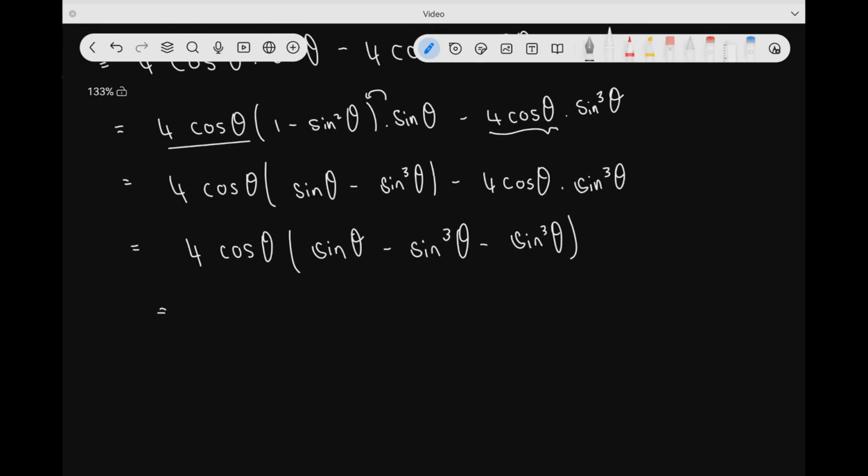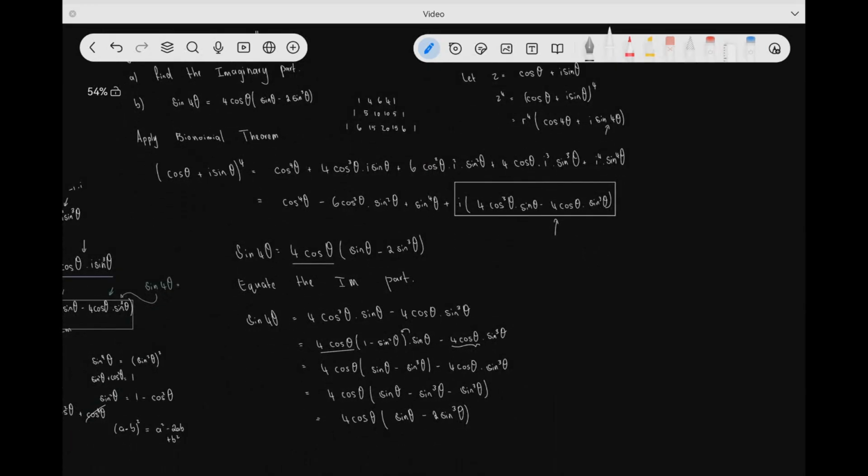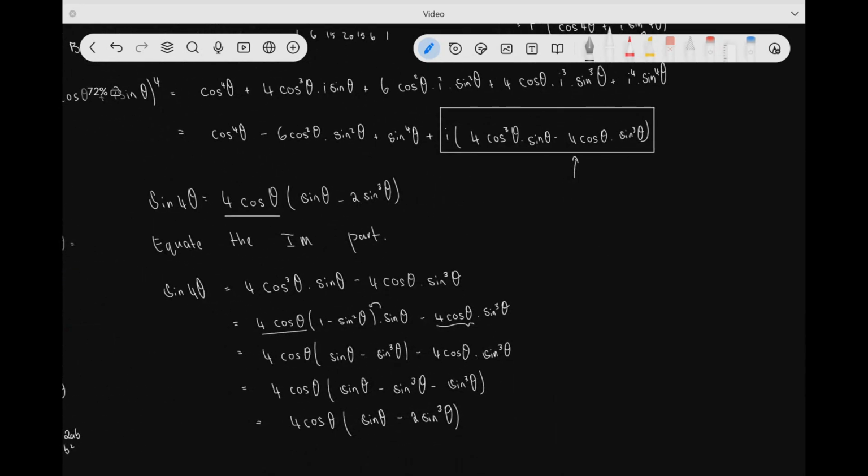So now I can add the like terms. Cosine theta times sine theta minus 2 sine cube theta. Okay, there we just proved the identity. We can clearly see that these two are the same. Yep, they look very similar.